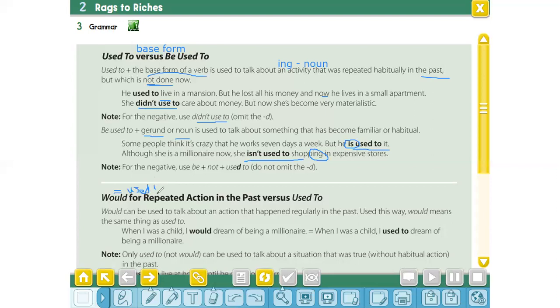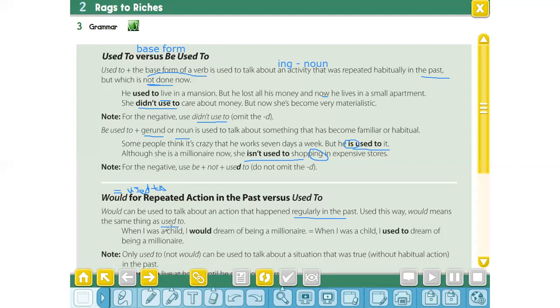Would for repeated action in the past versus used to. Would can be used to talk about an action that happened regularly in the past. Used this way, would means the same thing as used to.